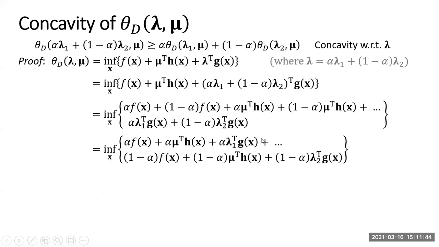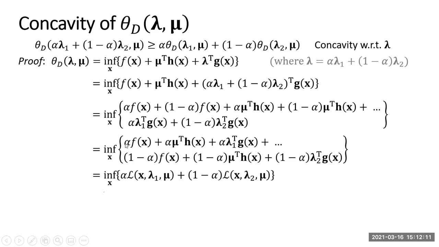Now, if I were to take this alpha common here from the first three terms, what would I get? Any guesses? Alpha times the original theta d of lambda 1, mu, correct?